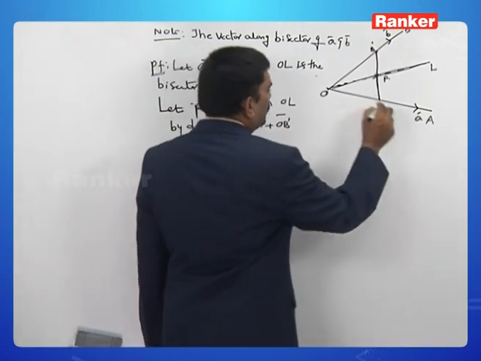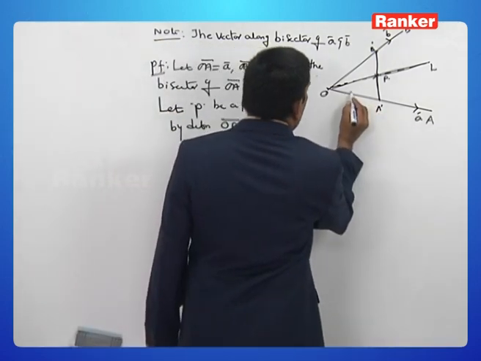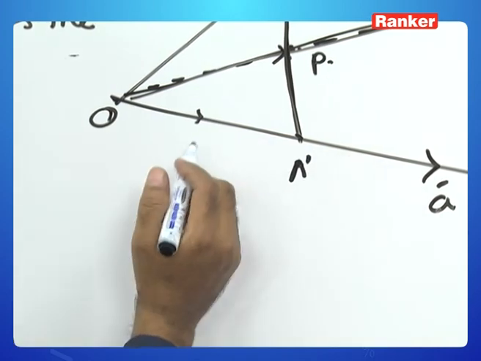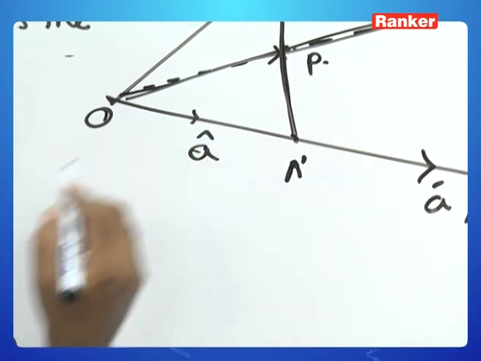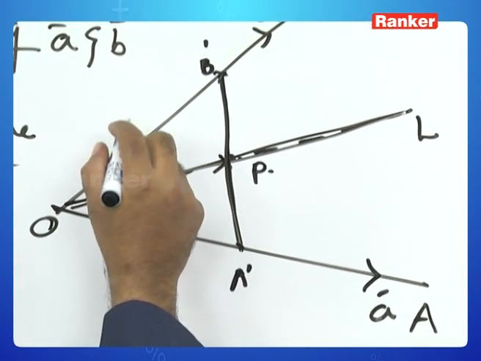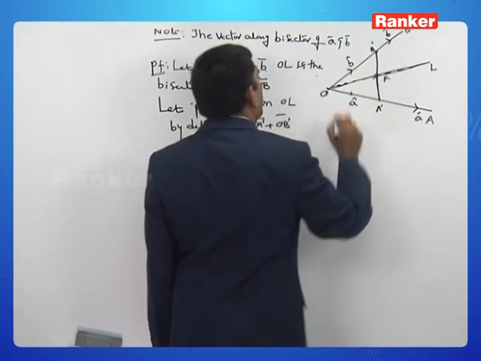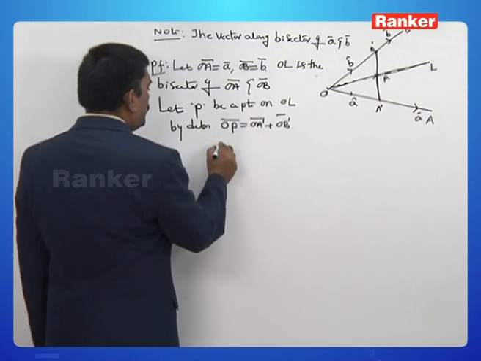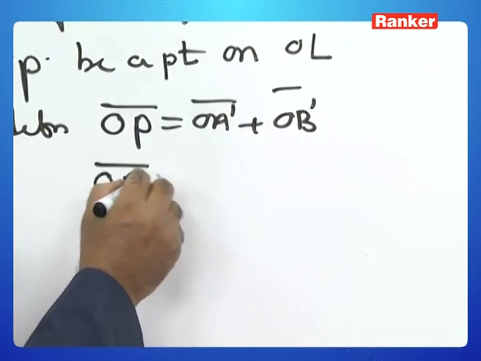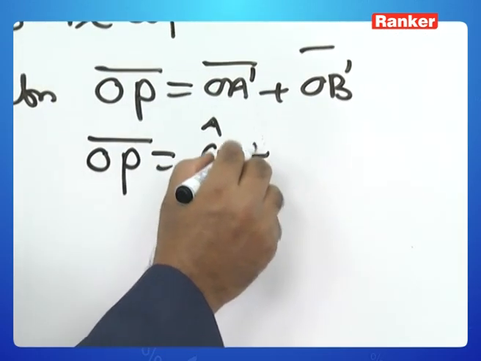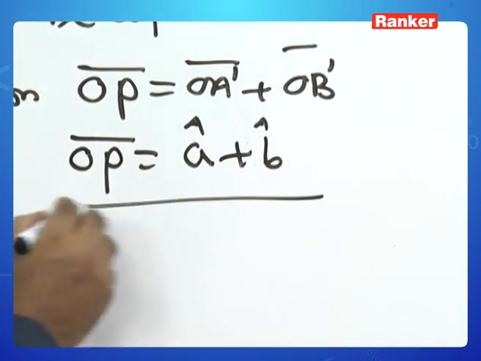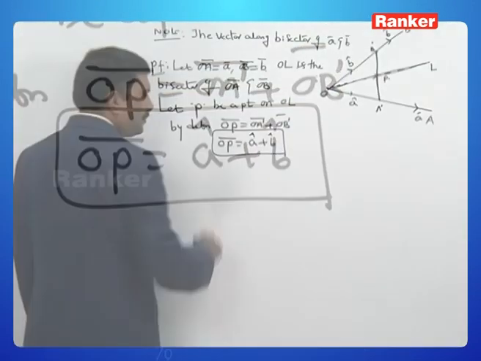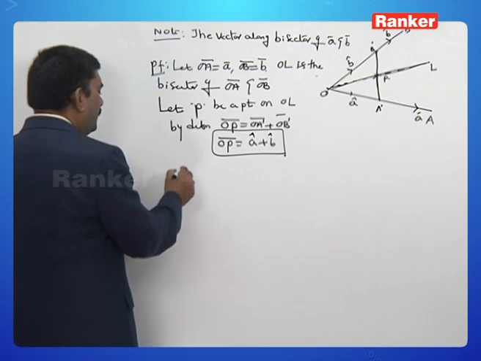Now I want to select the unit vector in the direction of A bar is A cap. The unit vector in the direction of B bar is B cap. So therefore, I can write OP bar is equal to A cap plus B cap. This is the vector. So what is OP bar?